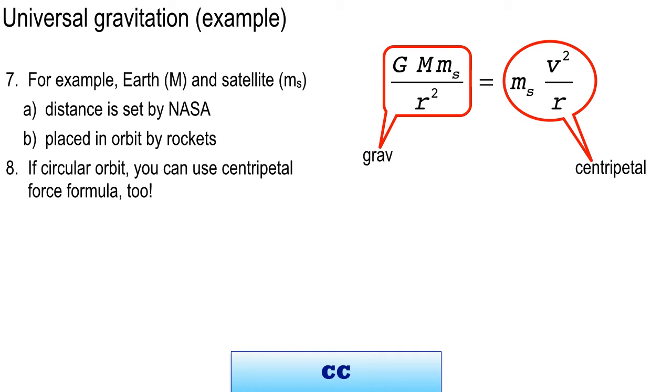But you can still have a horizontal centripetal force, and you use this formula for it. Now, anybody notice anything interesting about this equation, or that might help you streamline things or simplify things? What do you notice?